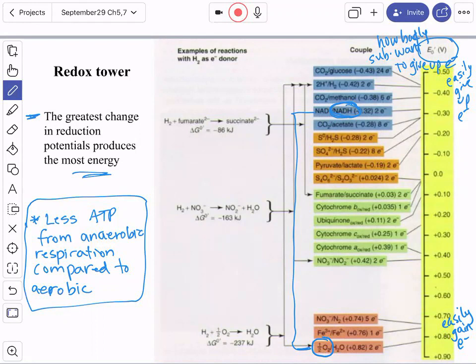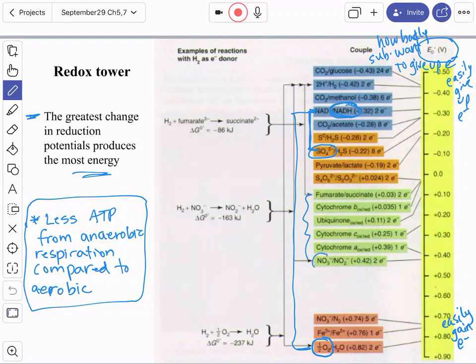But if you look at some of the other pairs here, so sulfate, we talked about that, can be used as a final electron acceptor. That's not traveling too far, so you're not getting a lot of ATP from that. This is actually also how we know the order of the electron carriers in the electron transport chain.